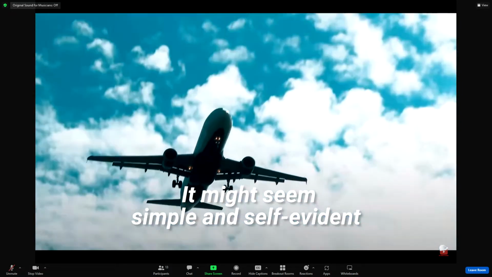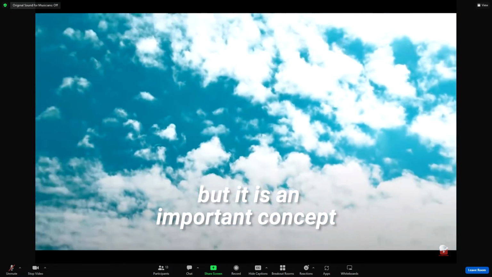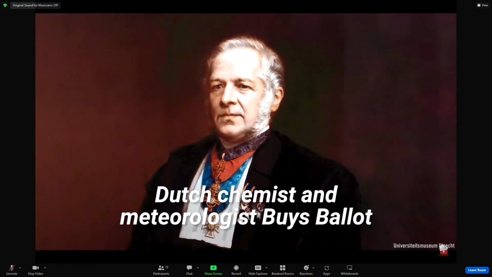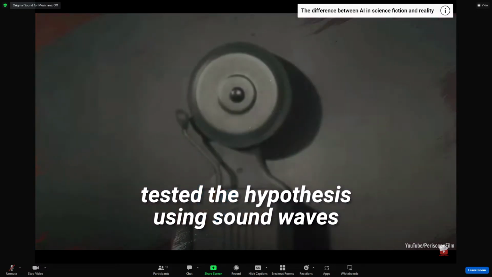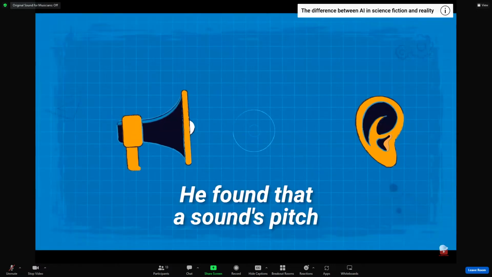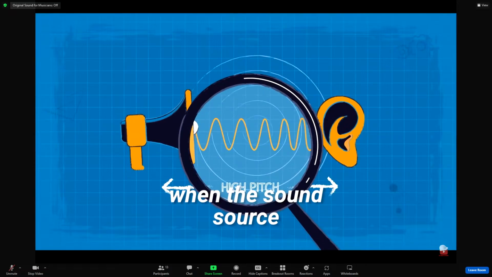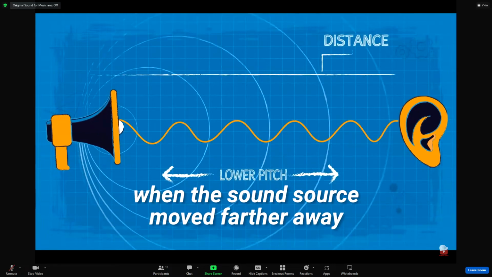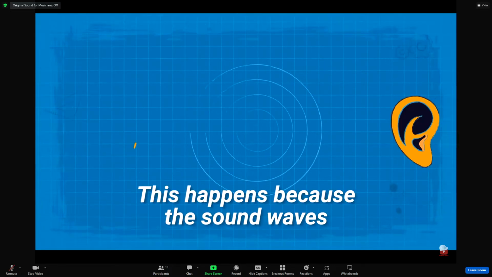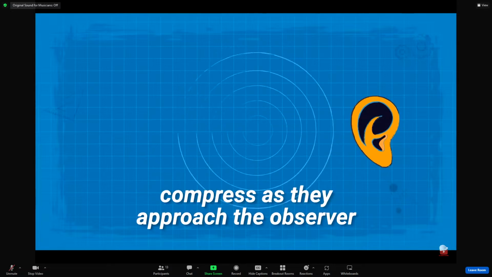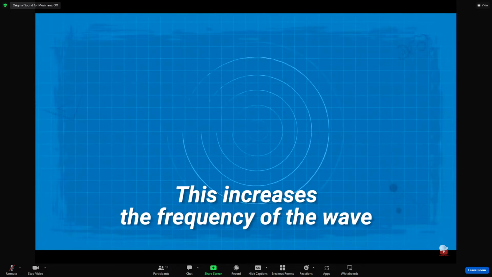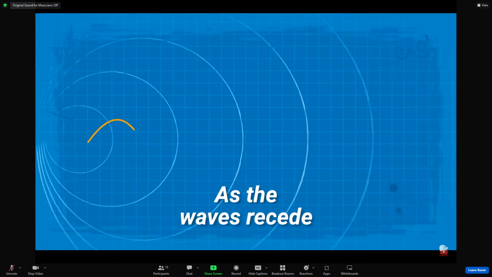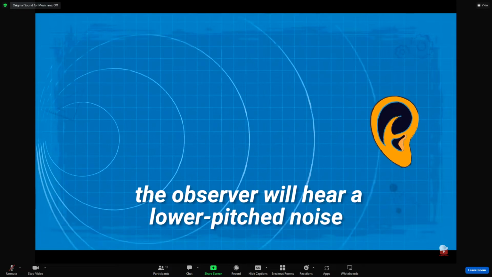It's an important concept. Buys-Ballot tested the hypothesis using sound wave, that a sound's pitch was higher than approached an observer, and this happens because the sound wave, as the waves recede, the observer will feel.